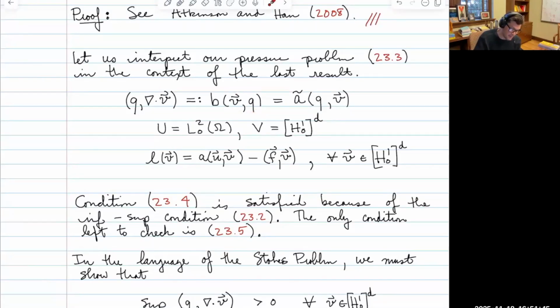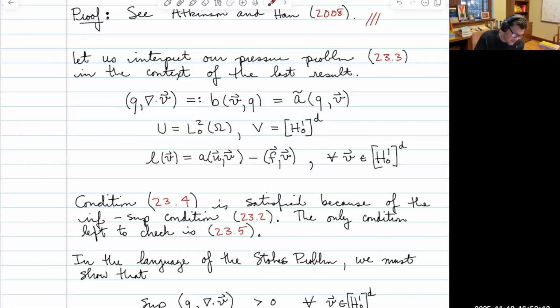I guess we're interpreting this B(V,Q) as being A tilde(Q,V). And the fact that I've reordered Q and V in those respective positions doesn't matter. All that matters is it has to be a bilinear form, has to satisfy the Inf-Sup condition, and we will show that it does.